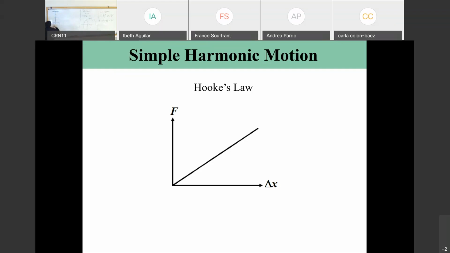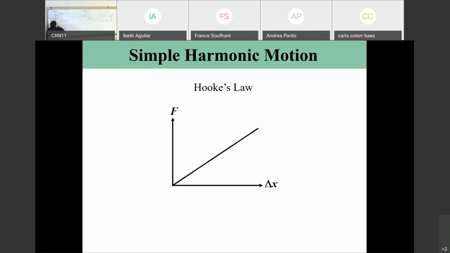They give you that this delta x, the displacement, is 0.3 meters, and that the mass is equal to 0.2 kilograms. If the constant of the spring, so they give you the constant, is equal to 3 newtons per meter.